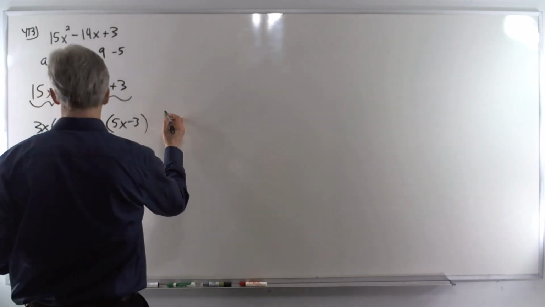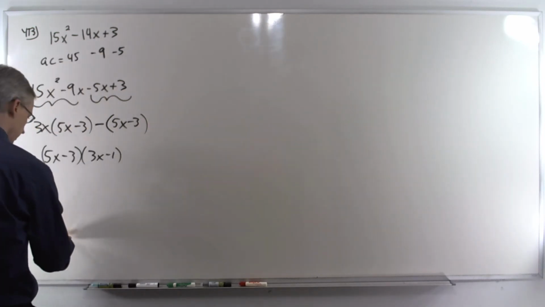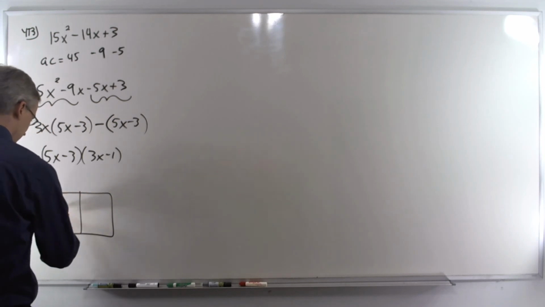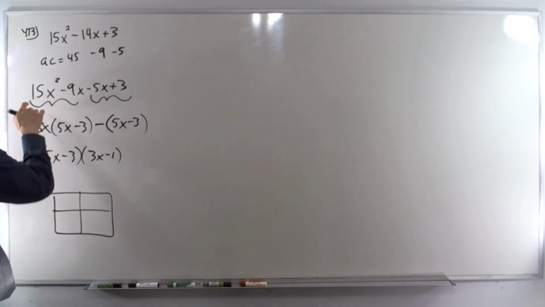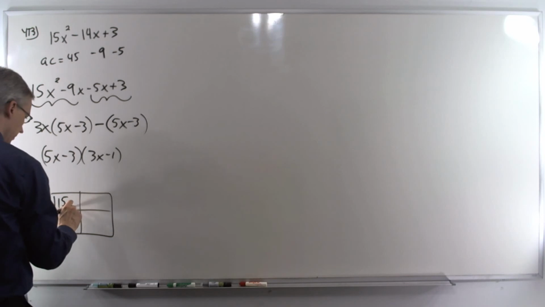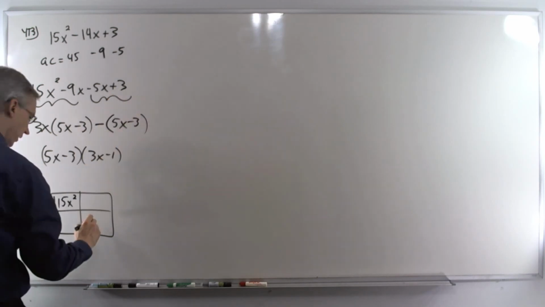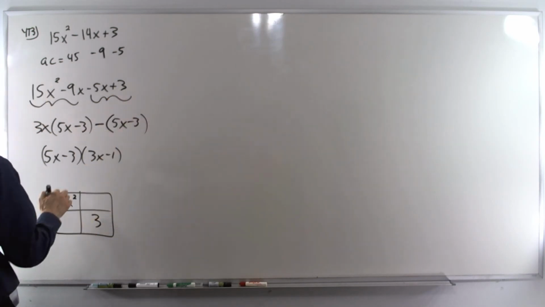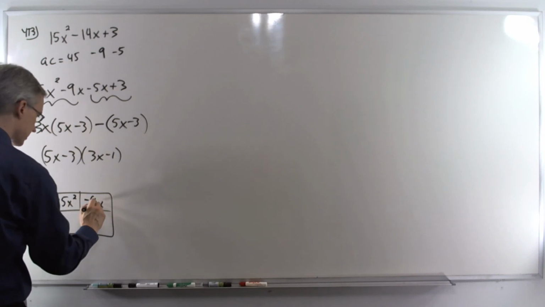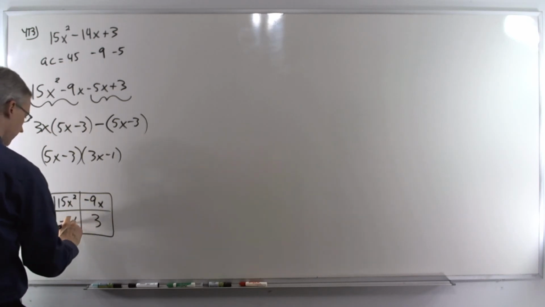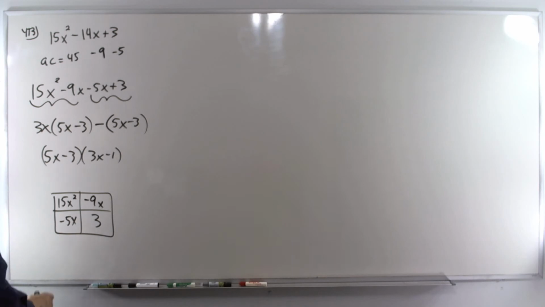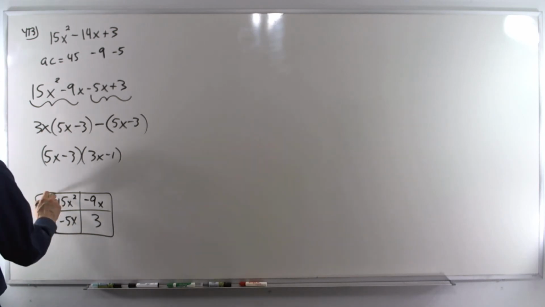Alright, finishing off with the box method. Do it down here. 15x squared goes up top. 3 goes down here. And our two middle terms, negative 9x and negative 5x. Alright, GCF in all directions.